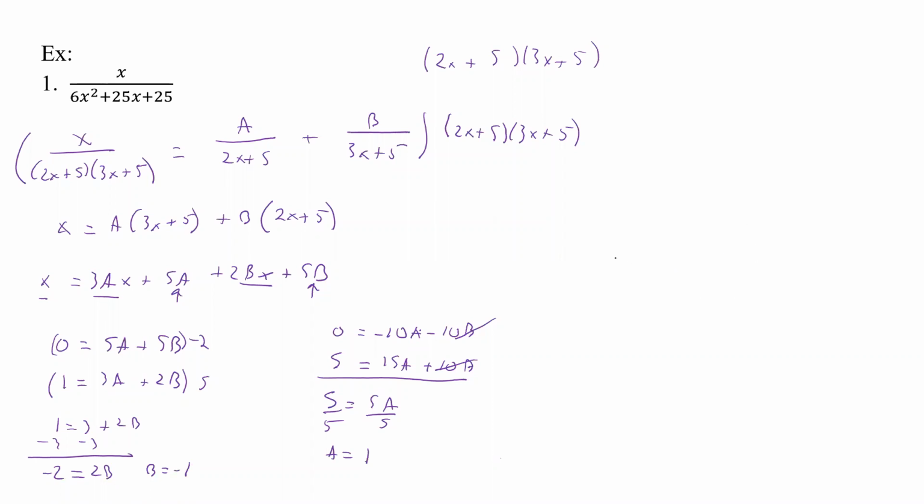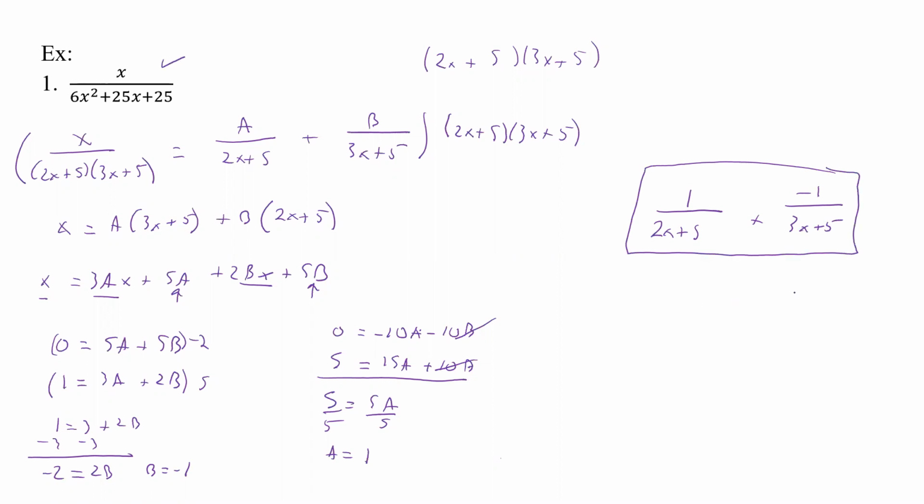So our fraction decomposed is going to be A, which is 1, over 2x plus 5, plus B, which was the negative 1, over 3x plus 5. And so that is going to be this fraction decomposed into the two fractions that were added together to get to it.